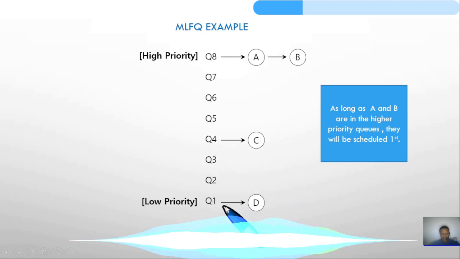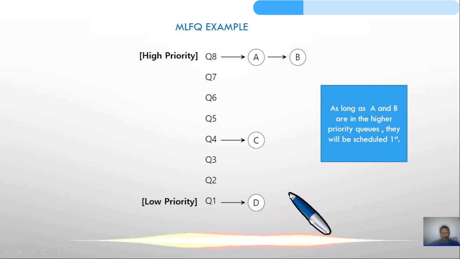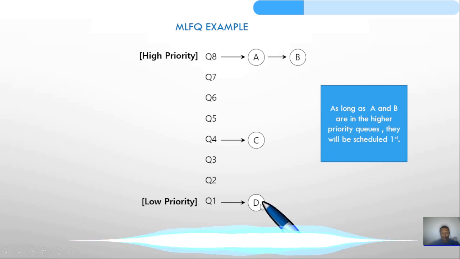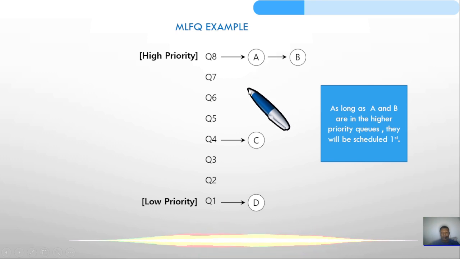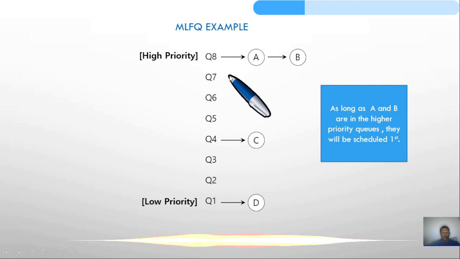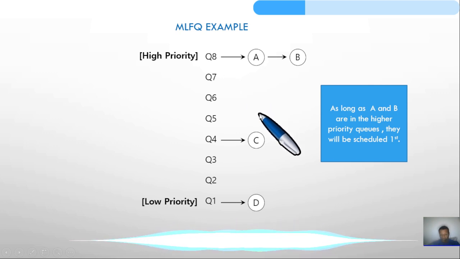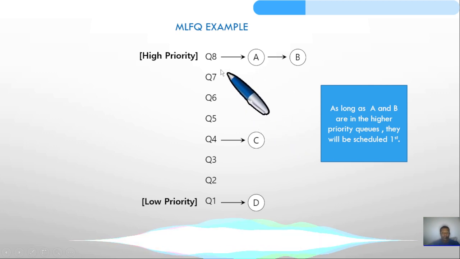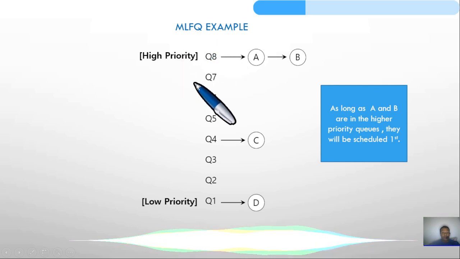After C, process D will run because process D is low priority. Low priority means CPU bound, it will need a lot of time to complete its process, but high priority means it is interactive, like gaming applications that need the keyboard. So for interactive processes, MLFQ gives high priority.